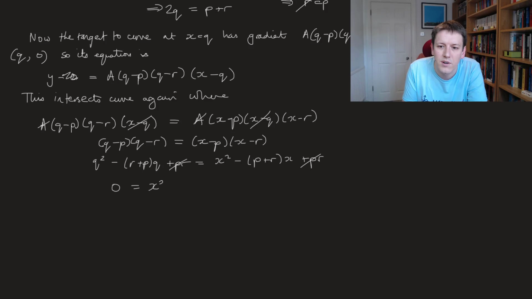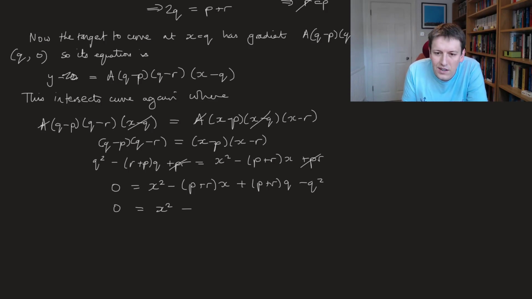So I've got 0 equals x squared minus p plus r times x plus p plus r times q minus q squared. Okay. Now, we can write this as x squared, because I've got this p plus r factor, right? So I can write that as x squared minus x minus q times p plus r minus q squared.